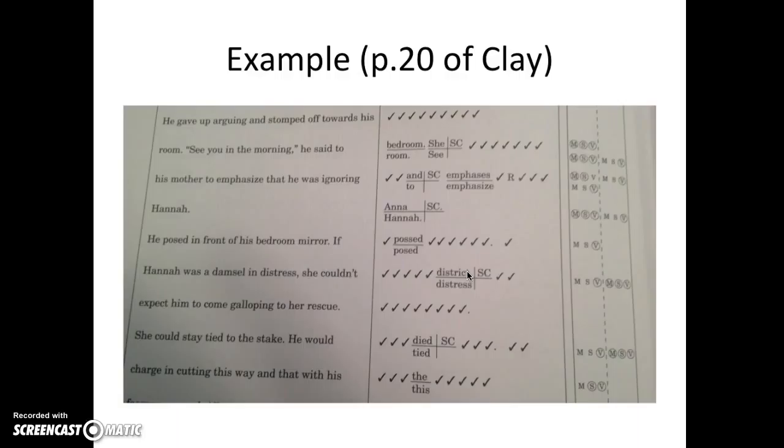And elsewhere, you can see similar errors, right? Hannah and Anna are substituted, a similar word type, proper noun. It doesn't change the meaning of the sentence. The sentence still makes sense. The way they read it, they might have just confused names. But later on, in the next sentence here, the student said passed instead of posed, right? And that is simply their misreading, their mispronunciation of the spelling, although maybe it's pasid.